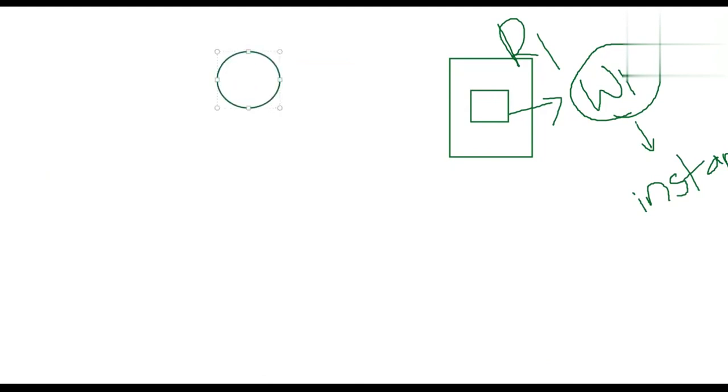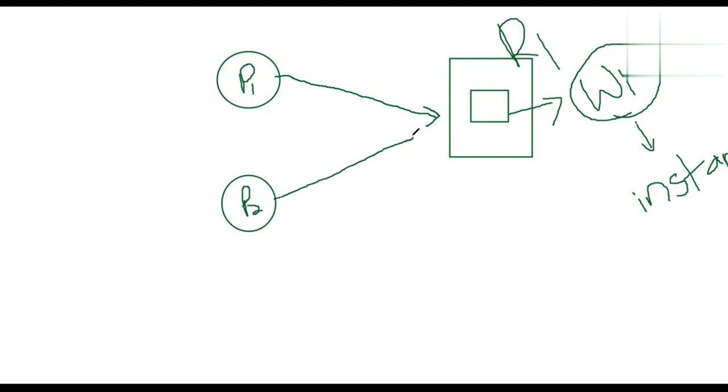But I have two processes, P1 and P2. P1 has arrived, and P2 has also arrived. If at the same time P1 requests this resource and P2 also requests this resource, these two processes will compete with each other to have this resource, and such a thing can create deadlock.